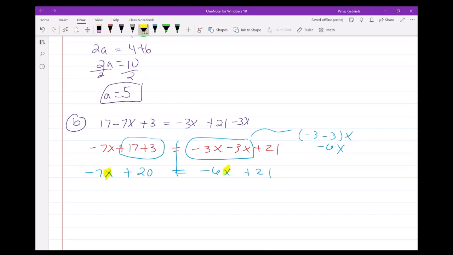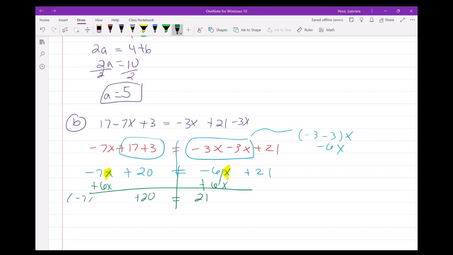I have an x here and an x here. Like I mentioned, my recommendation is to move your variable all the time to the left side. So I will add 6x, add 6x. This just becomes 21 on this side. This plus 20 is still here.